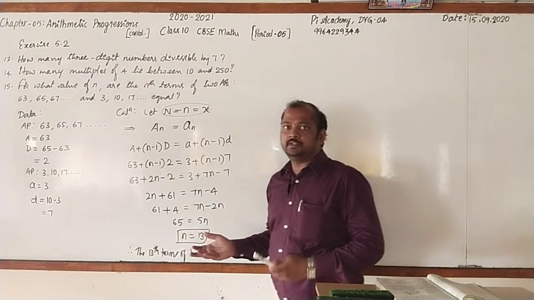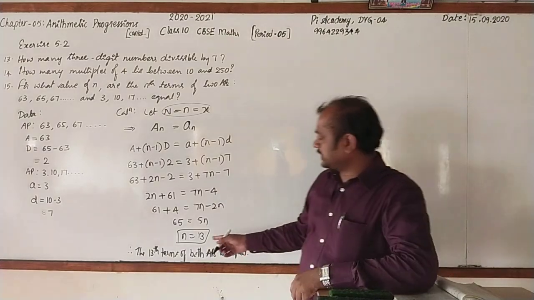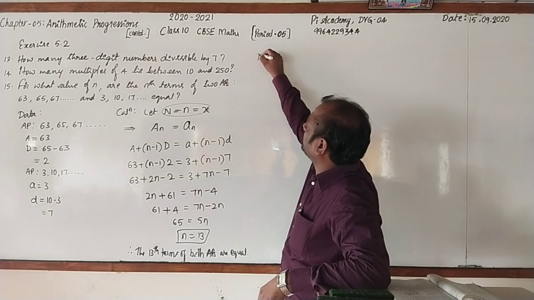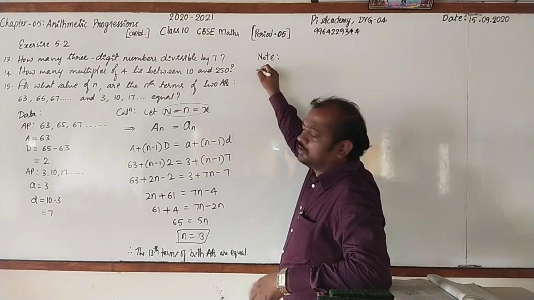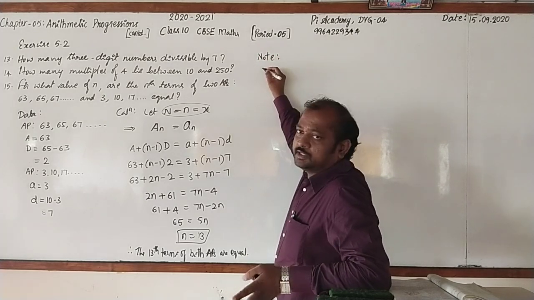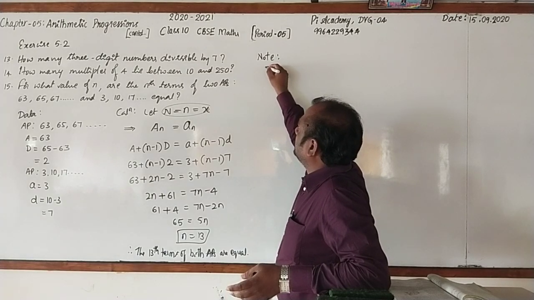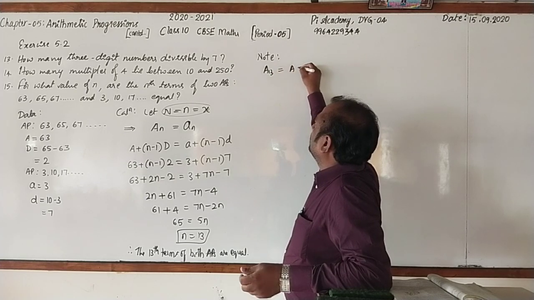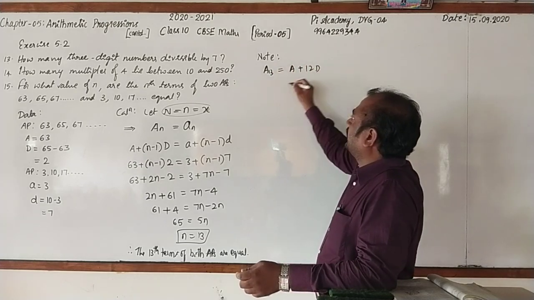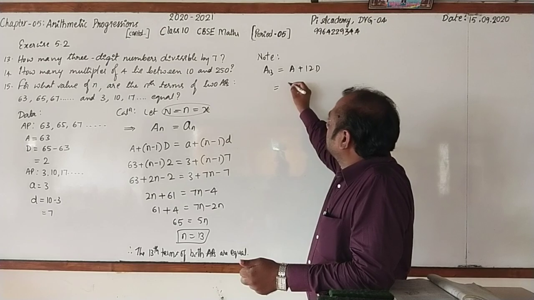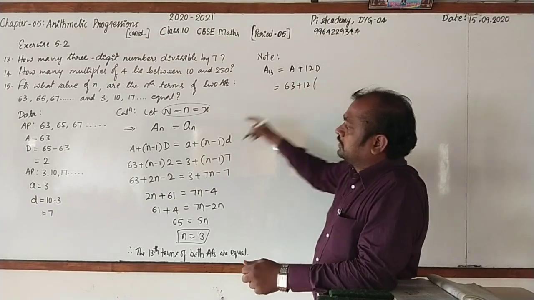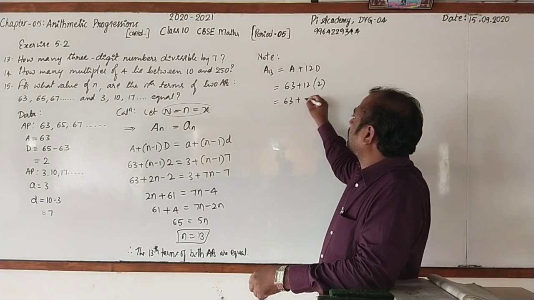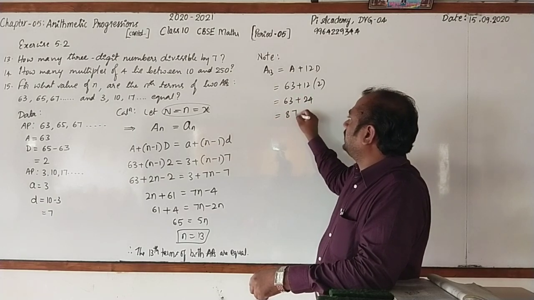You can also verify that. See, we have said that 13th term of both the APs will be equal. Just for your information, verify that 13th term of first AP, that is A13, is equal to A plus 12D. What is capital A? 63 plus 12 into capital D, it is 2. 12 2s are 24, this will be 87.